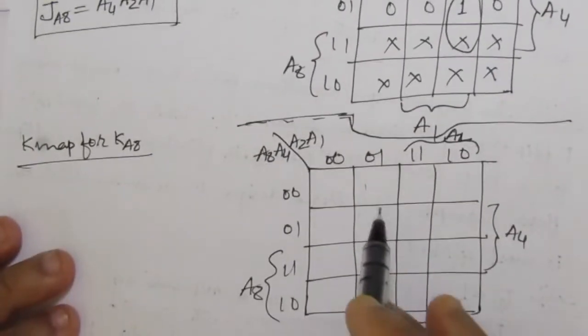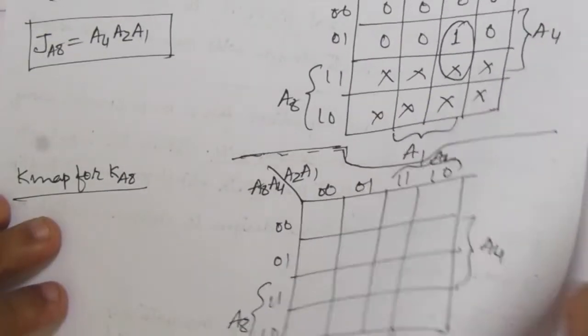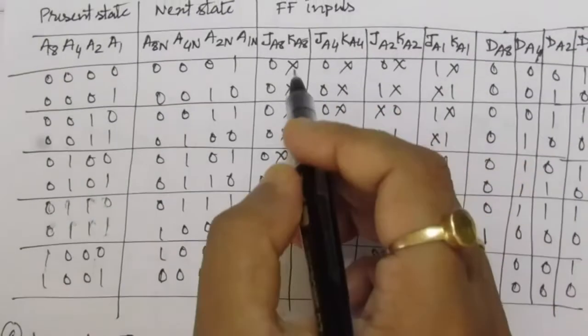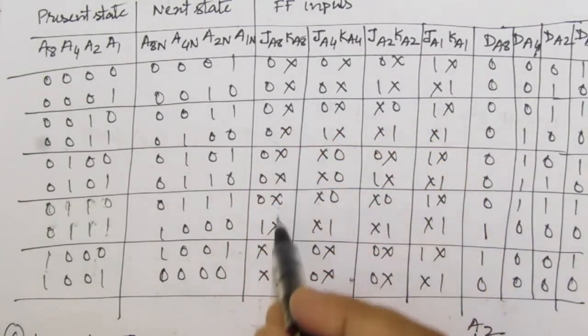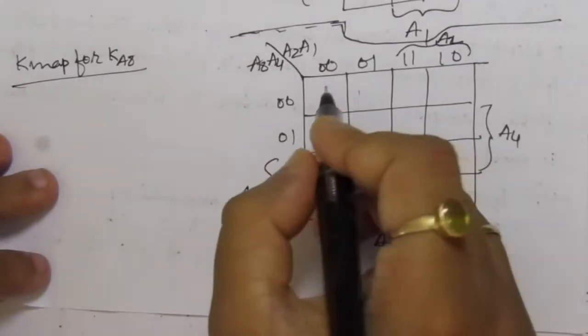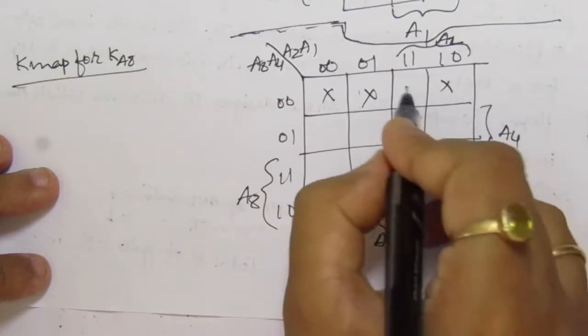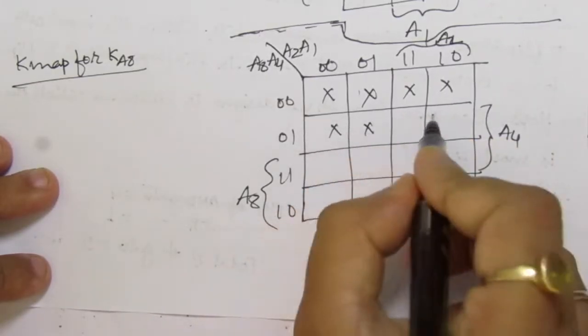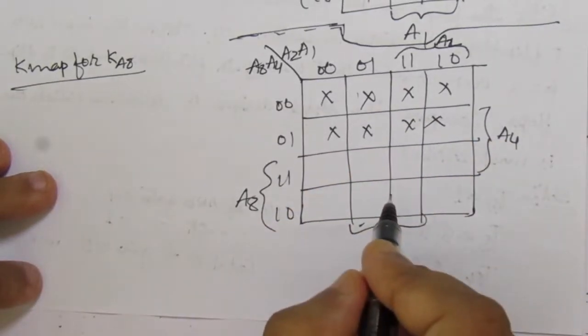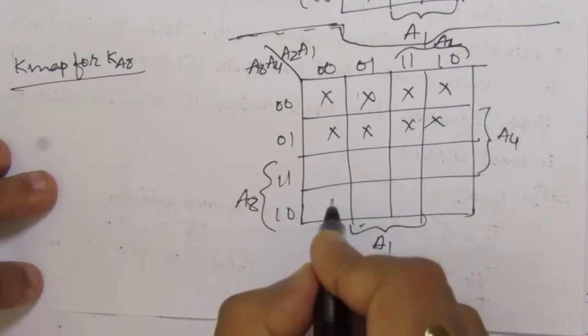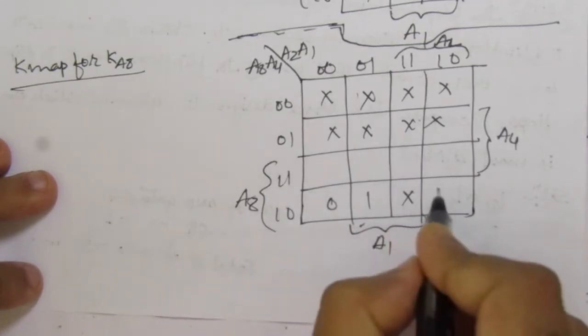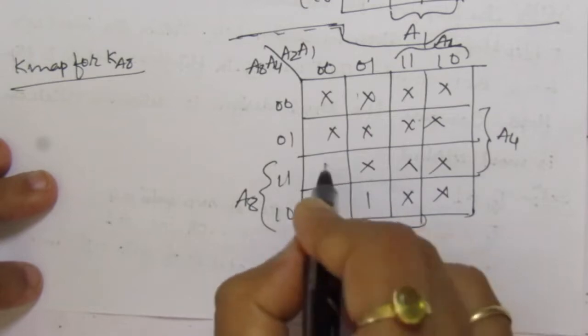Now we have to fill up this 4 variable map with the KA8 values. So for KA8 we have don't care, don't care, don't care, don't care, don't care and 0 1. Then finally we have 0 and 1, 0 and 1. So here also we'll have don't care conditions because these are the unused states.